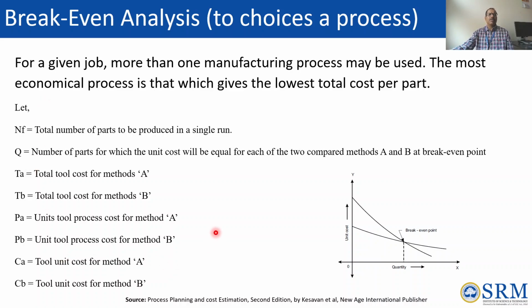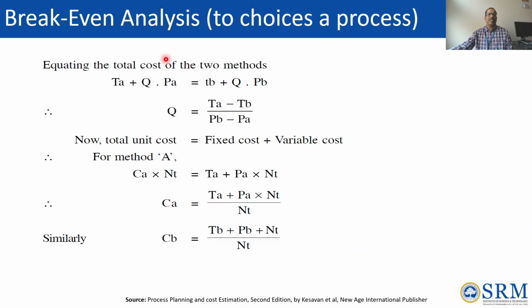So we have notation for the fixed cost of method A and method B, and similarly the variable cost for method A and method B. Again, the relationship is similar to machines: at the break-even point, the total cost of process A equals the total cost of process B. So Q equals the fixed cost of process A minus the fixed cost of process B, divided by the variable cost of process B minus process A. With that we can easily calculate which process will cost us less.